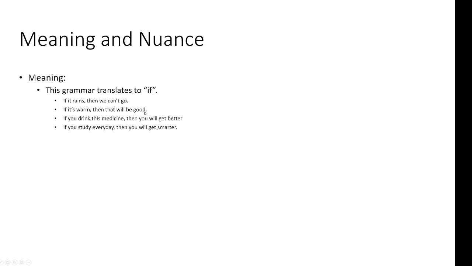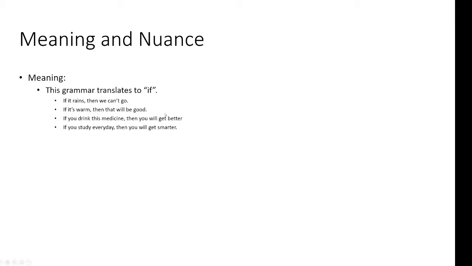Let's go back up here and look at these sentences. We have our condition in the second one, if it's warm. Then we have a result here. The result is, that will be good. It's kind of one's opinion, right? If it is warm, then that will be good. Here's another result. If you drink this medicine, then you will get better. The condition is drinking medicine.